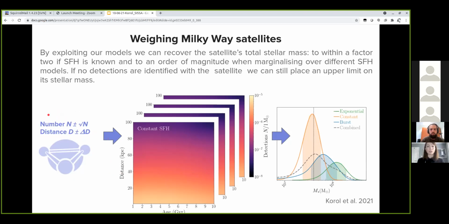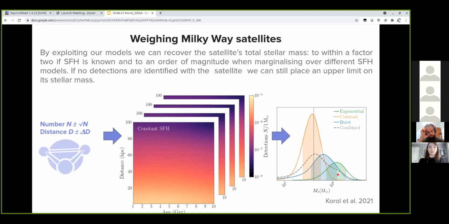And we can use the models that I've constructed in the previous slides that predict the number of detections per solar mass, in which I vary the age of the galaxy, distance, and star formation. And based on the input number of detected sources, I can reconstruct in a Bayesian way how much mass was needed to get to that number.